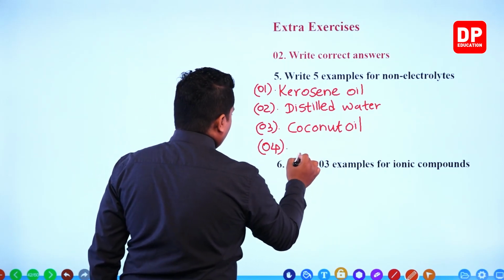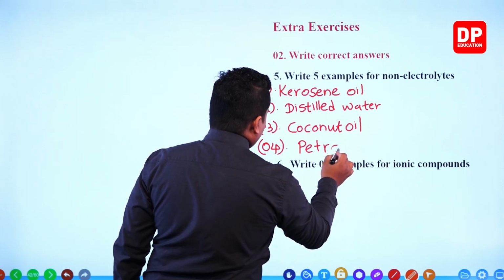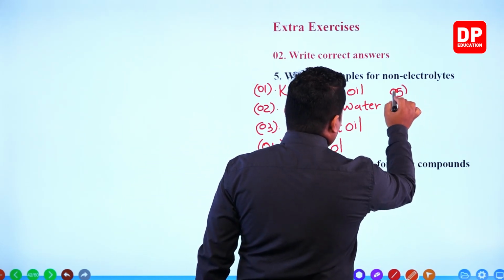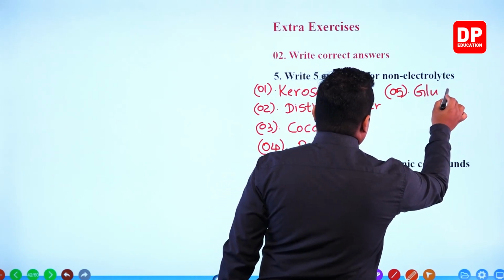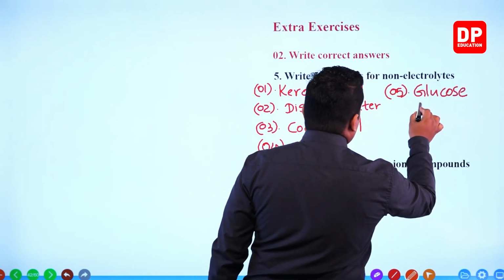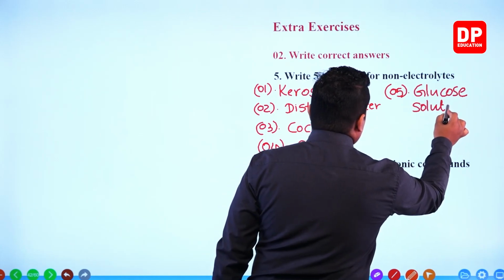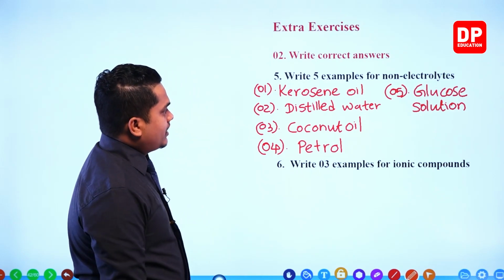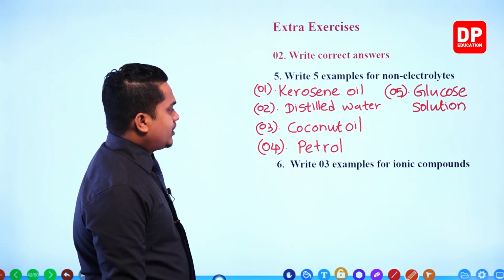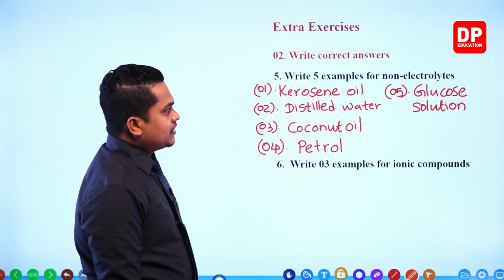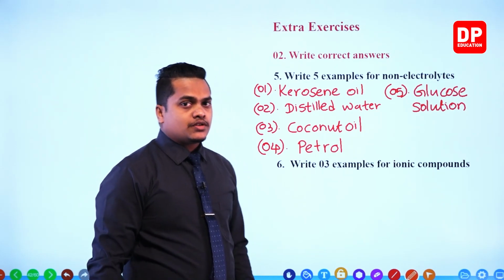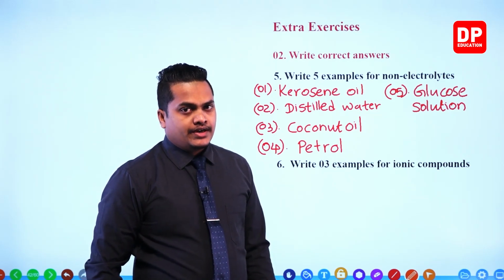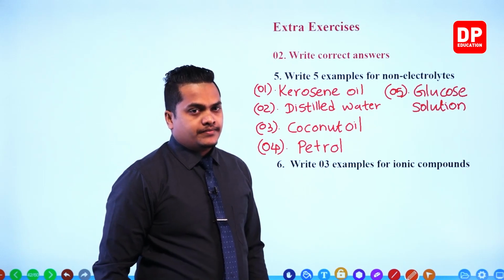Number 4. Petrol. Number 5. Glucose solution. So, kerosene oil, distilled water, coconut oil, petrol, diesel, glucose solution, sugar solution. These things will not conduct electricity as they do not contain mobile ions within the liquid.